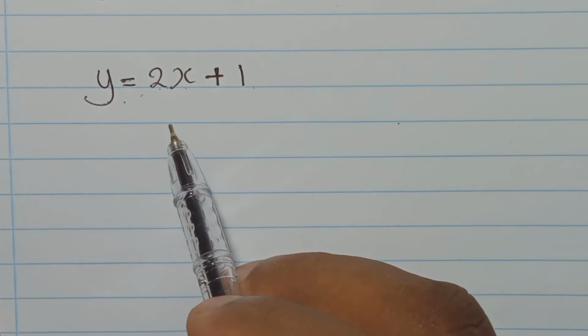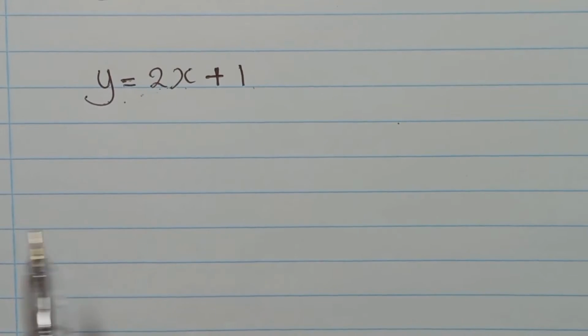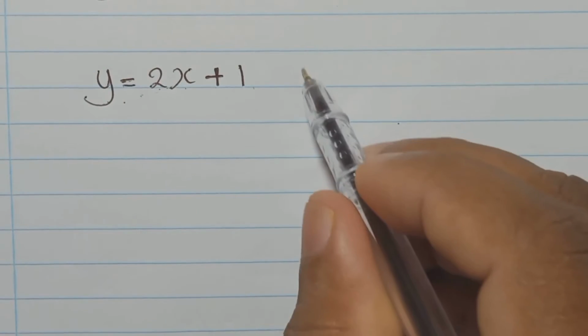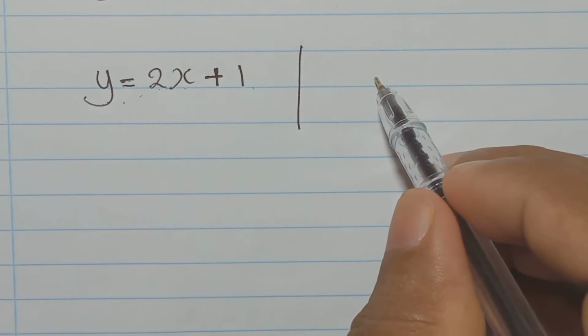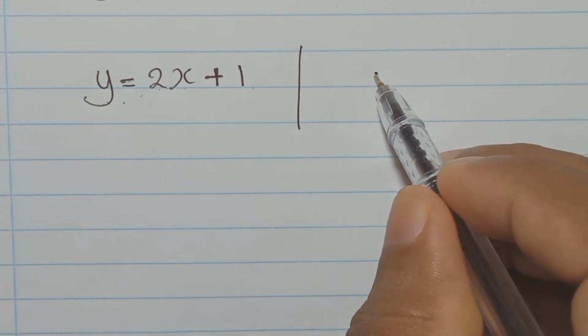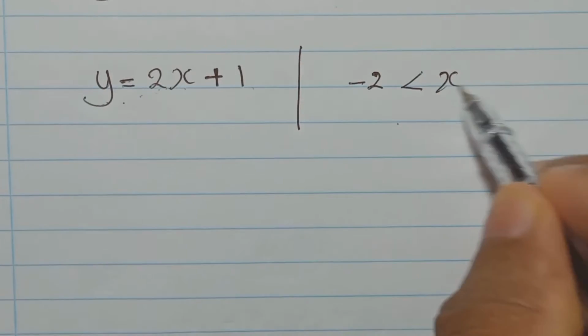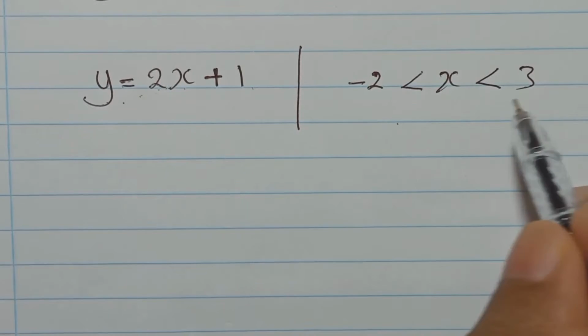Now this is a linear graph, no? So that's why check whether they give a range for x values. Normally for x they will give this kind of range, or sometimes they tell in words. Sometimes they will tell like minus 2 to plus 2 or plus 3, this kind of range.